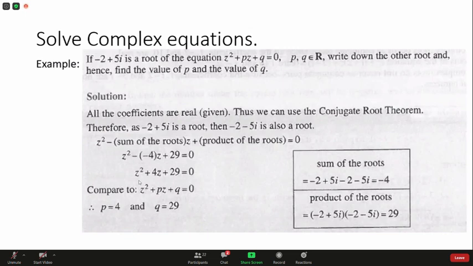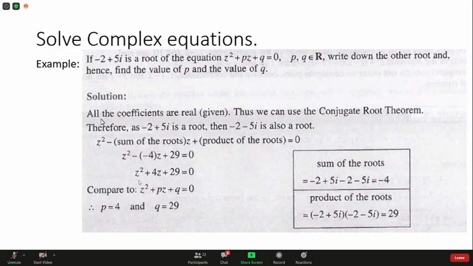These are some examples. Can you understand this example? If minus 2 plus 5i is a root of the equation, with p and q unknown, write down the other root. Hence, find the values of p and q.